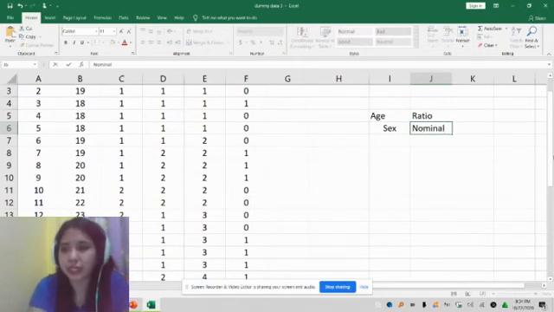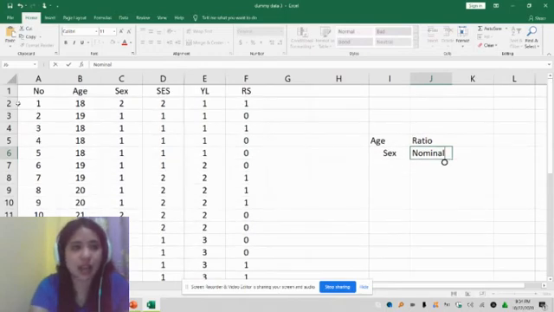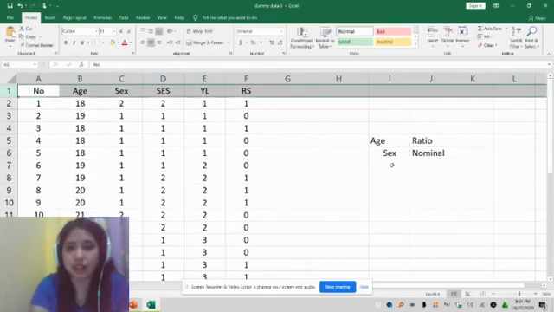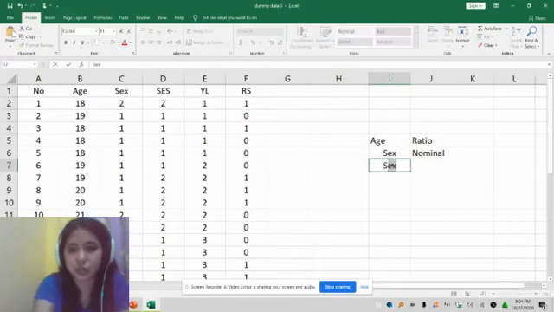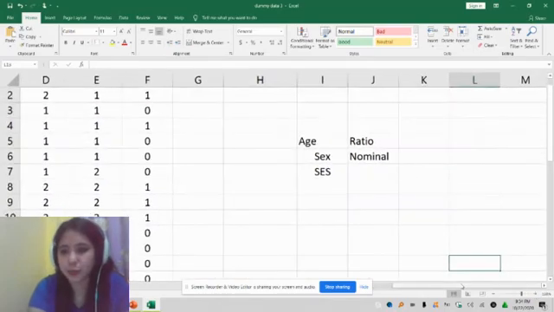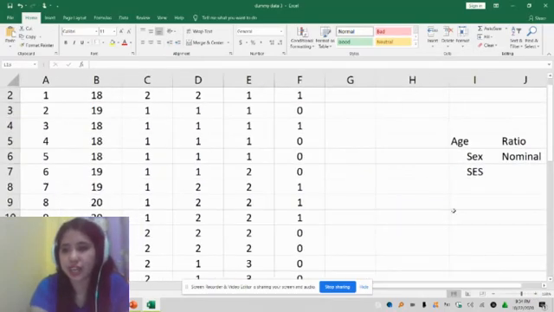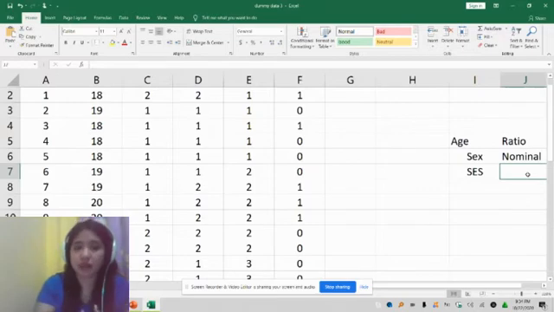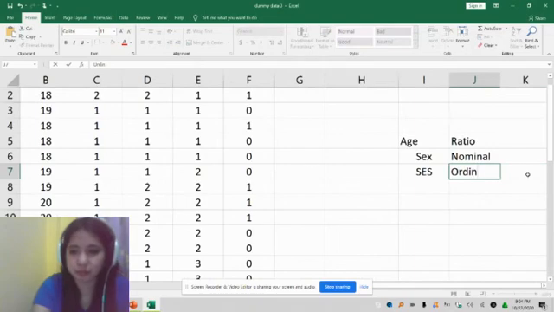So where do we get these variables? We are actually looking at our first row. Age, sex, socioeconomic status. Socioeconomic status is classified as poor, average, and rich. So there is a ranking, but we use categories. It is ordinal.